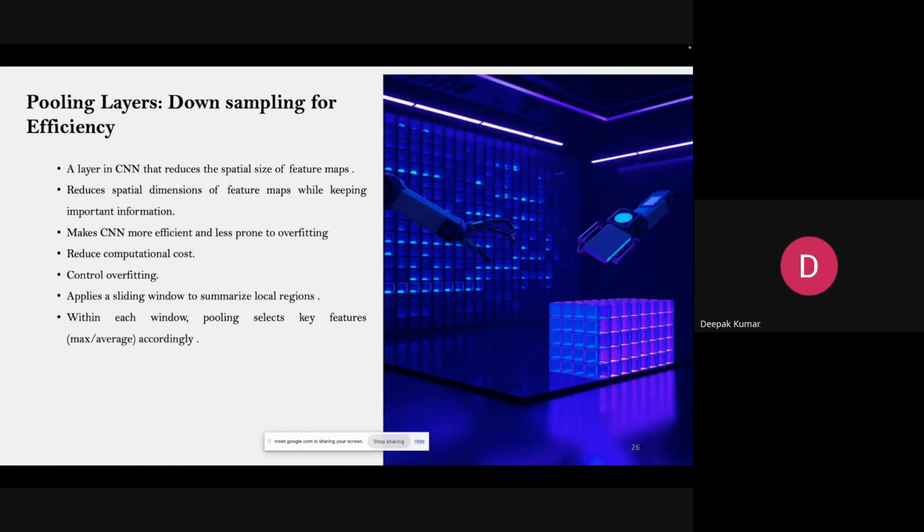Okay. So again, if you see, all the operations are quite simple, right? Pooling is one of the simplest operations in CNN mathematically, but its impact is quite critical, as it also affects the performance of the complete model.